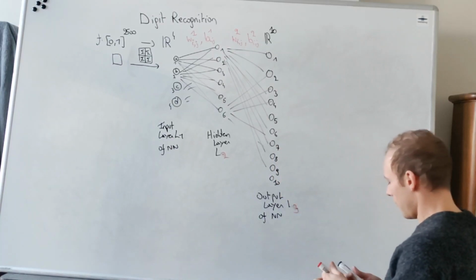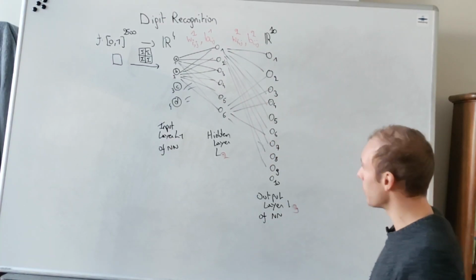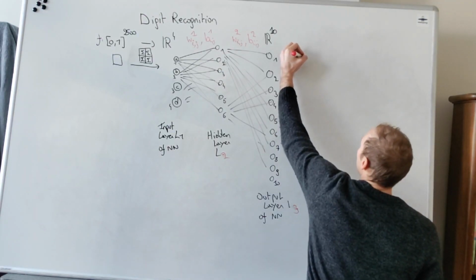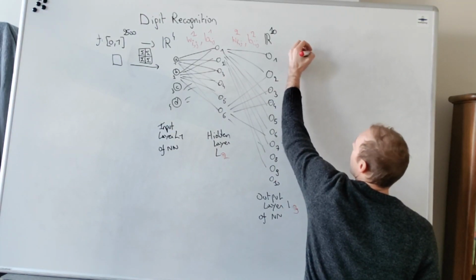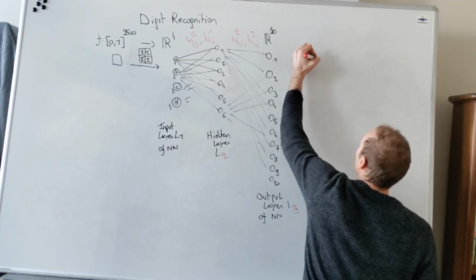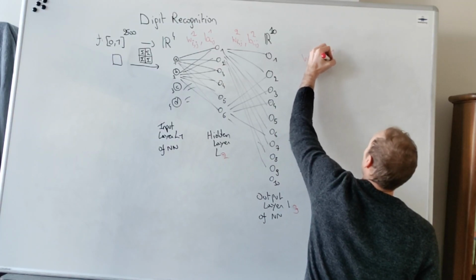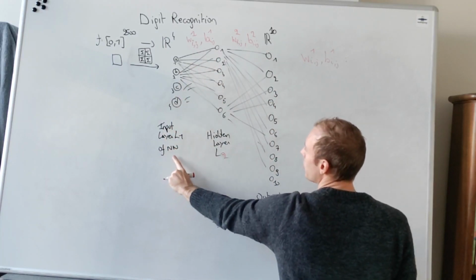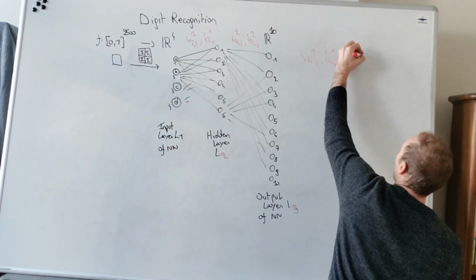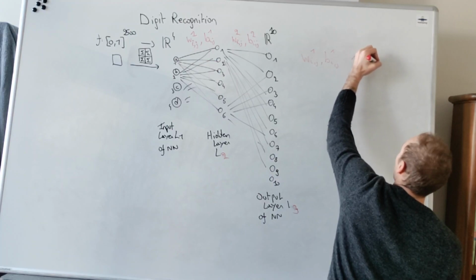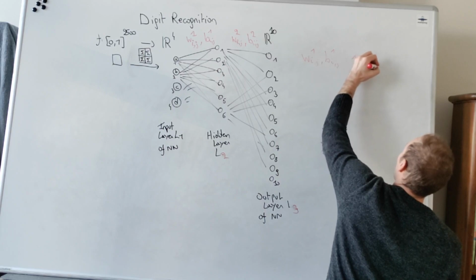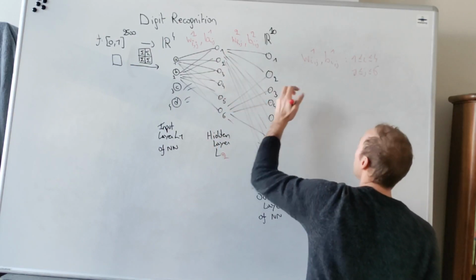So first of all, how many of these parameters do I have? Let me write that here. So I have W1 IJ and B1 IJ. There are 4 nodes in the first layer, so I goes from 1 to 4, J goes from 1 to 6, because there are 6 nodes here.